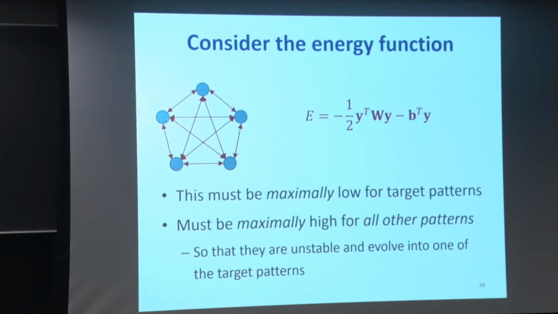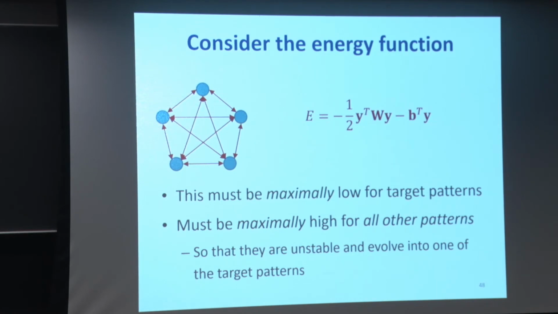First, let's go back and start with the objective that the network implicitly tries to minimize when it evolves. You initialize the network with some pattern, and it begins evolving, and it tries to minimize this energy E, right? So you want this energy E to be a local minimum for all the target patterns that you're trying to store.